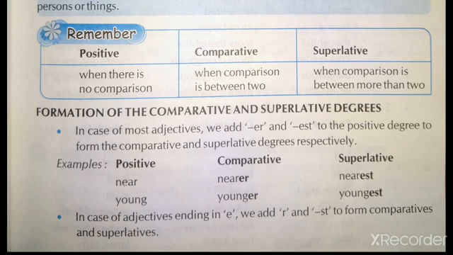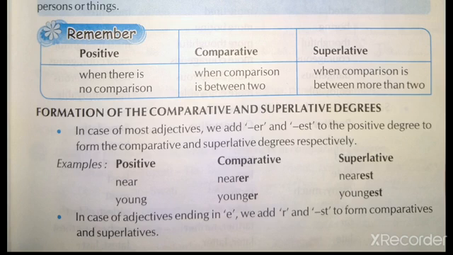Learn the next point, formation of the comparative and superlative degree. It means how to form the words. In case of most adjectives, we add er and est to the positive degree to form the comparative and superlative degree respectively.